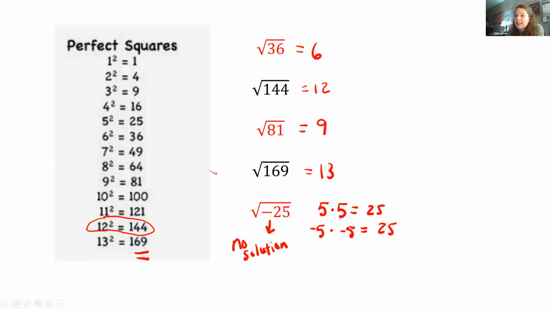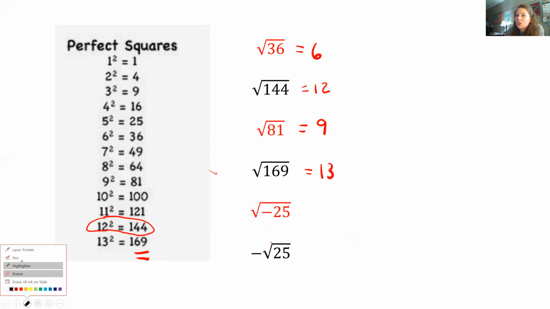Now, however, look at the next problem. This one is different. So anyway, the answer to this is no solution. I'm going to write NS as in no solution. And when you get to 8th grade, you'll have math problems that involve equations that have no solution.